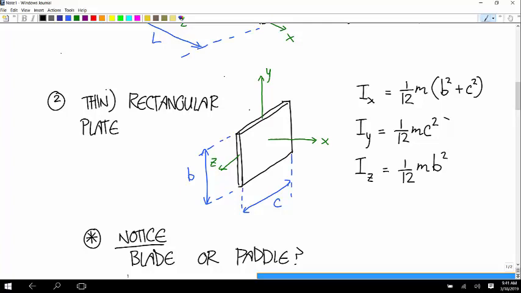The rectangular plate, the thinness only matters when you're rotating this like a paddle. If you're rotating this like a blade, it doesn't matter how thick into the page that is.